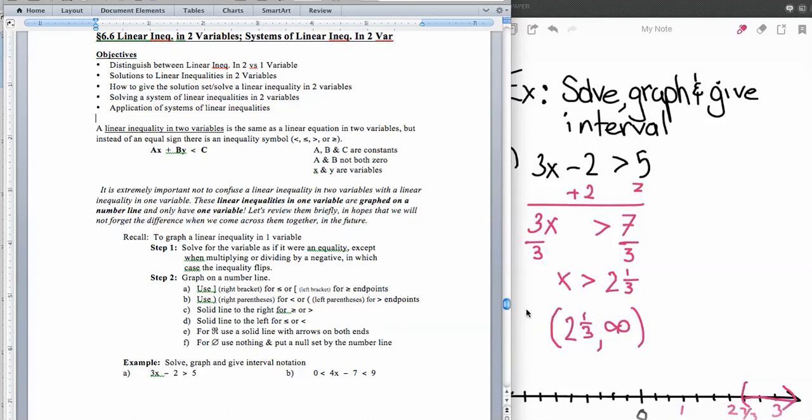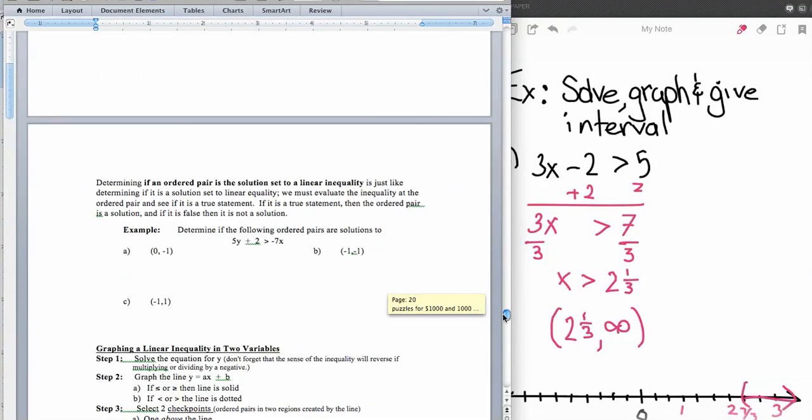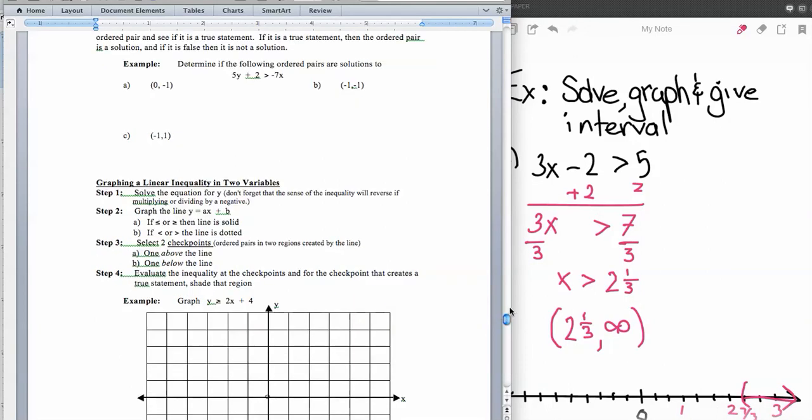In fact, I'm going to skip part B here with the compound inequality, and I'm just going to go right down to the linear inequality, and I'm going to talk about solving that and how it's similar. So if we have a linear inequality in two variables, what we're going to be doing is putting this equation into slope-intercept form, and we're going to graph a line as if it were y equals ax plus b. Well, that right there is like finding this endpoint, because the line is the quote-unquote endpoint of the linear inequality in two variables.